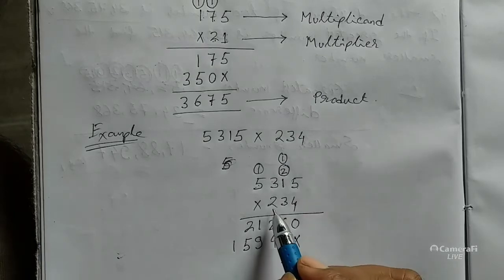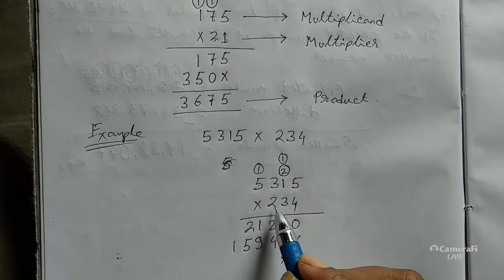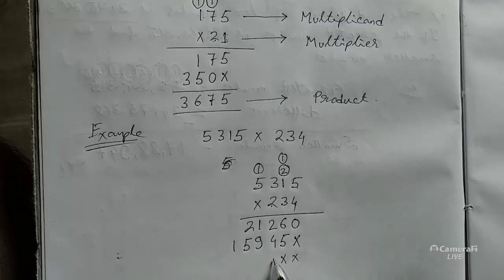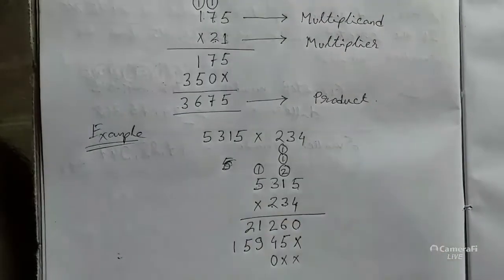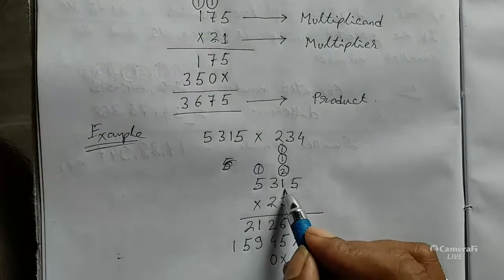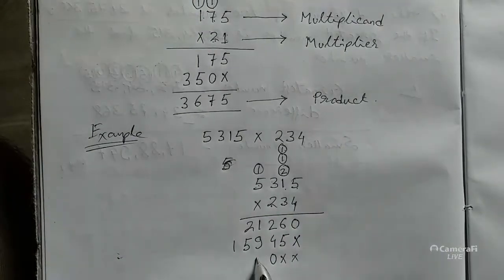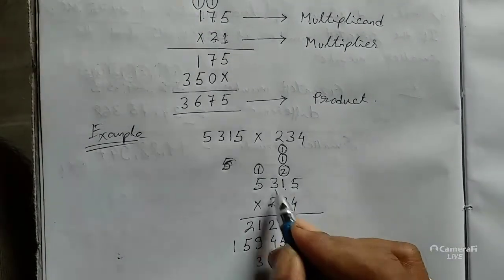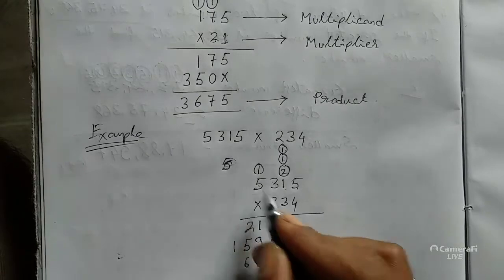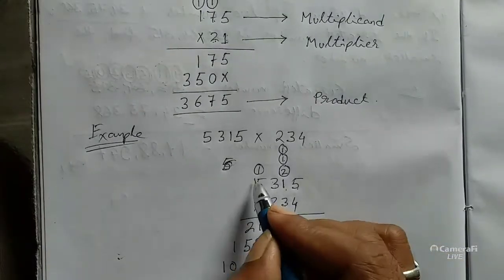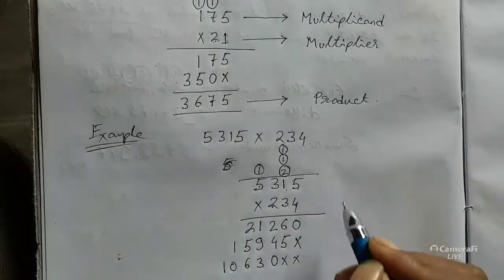Now go through the table of 2. 2 5 ja 10, 0, 1 carry for the next step. Here 2 1 ja 2 plus 1, 3, 2 3 ja 6, 2 5 ja 10. These numbers above are the carries.